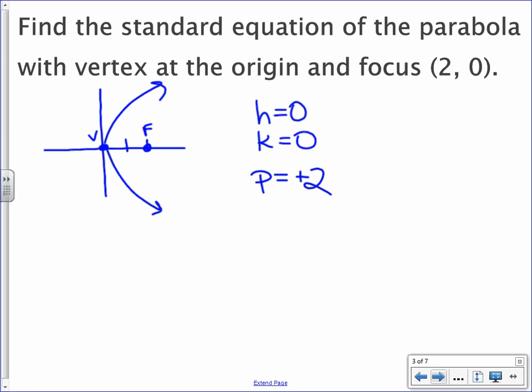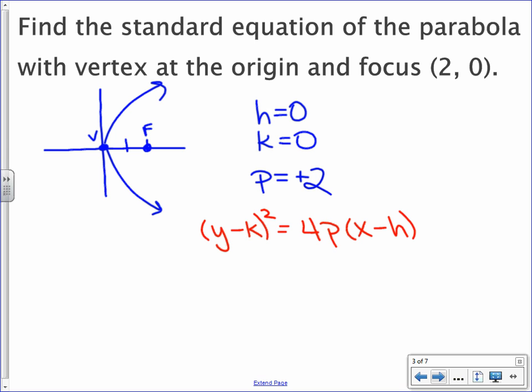All right? Now, this parabola is opening to the right, which means it's opening horizontally. Be careful. Is our x the variable that's squared or the y? The y is the variable that is squared. So we know that we have (y minus k) squared equals 4p times (x minus h).